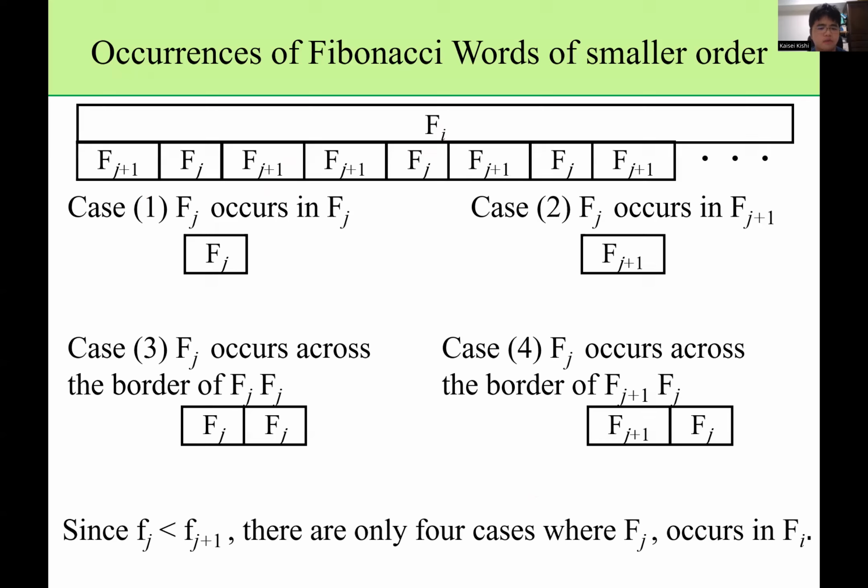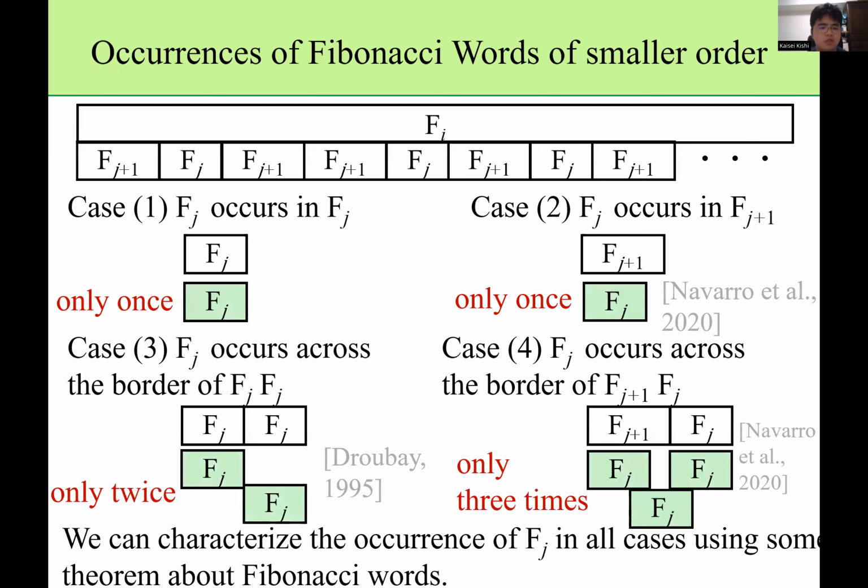So by dividing these cases, we can easily check how many Fj occur in each case. So Fj occurs only once in Fj, Fj occurs only once in Fj plus 1, and Fj occurs only twice in the Fj, and Fj occurs only 3 times in Fj plus 1 Fj.